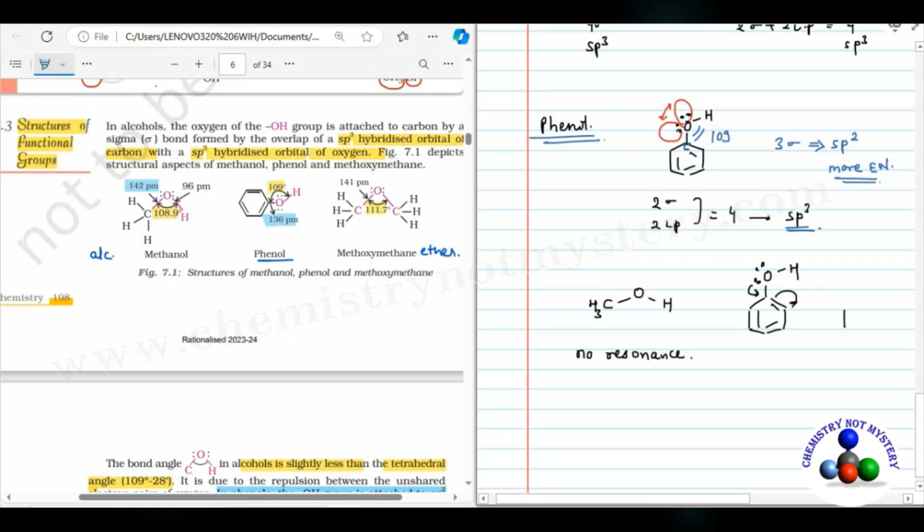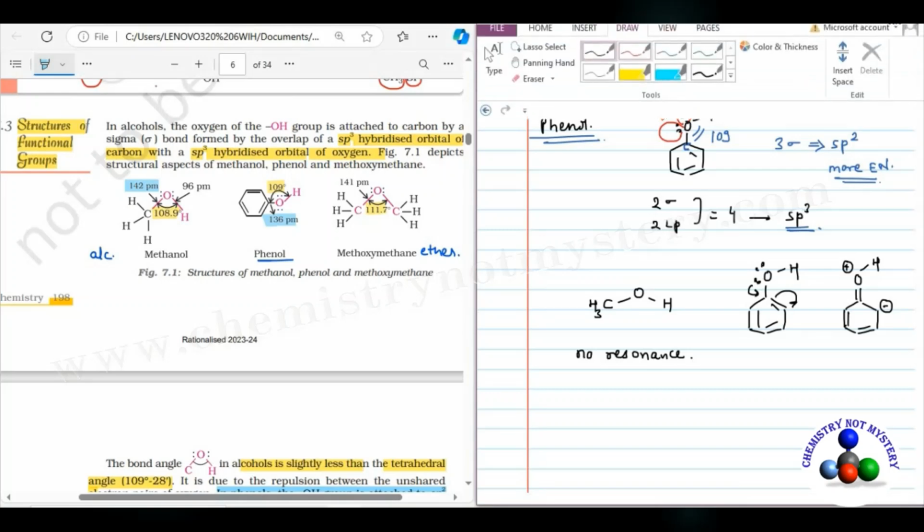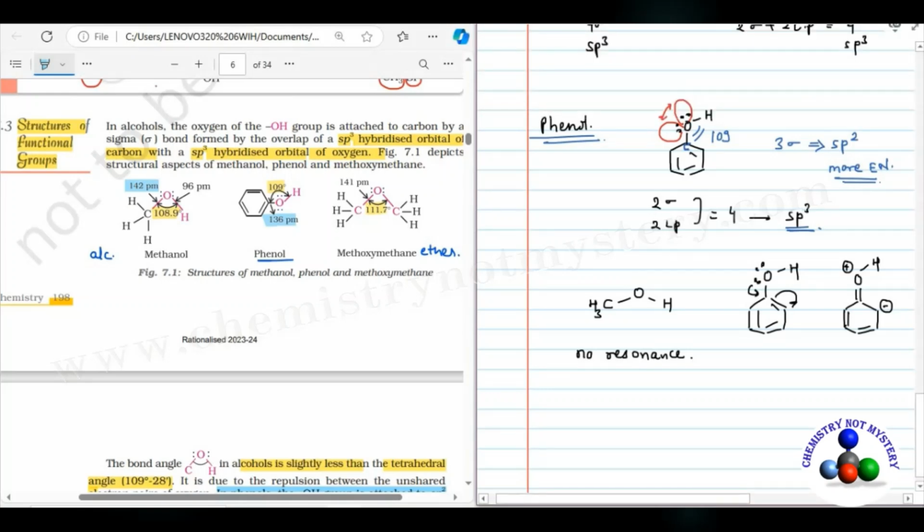Here you will get another resonating structure of phenol, in which the carbon-oxygen bond becomes double, and this oxygen carries a positive charge. It is bonded to hydrogen, and the negative charge moves to another carbon. So in this other resonating structure of phenol, there is double bond character in the carbon-oxygen bond. Due to the presence of partial double bond character, the carbon-oxygen bond length is less than that of methanol.